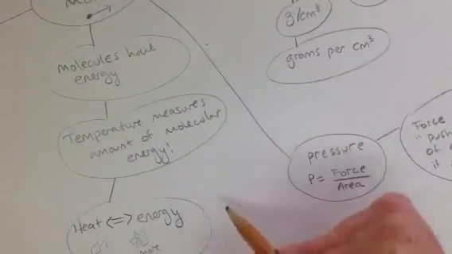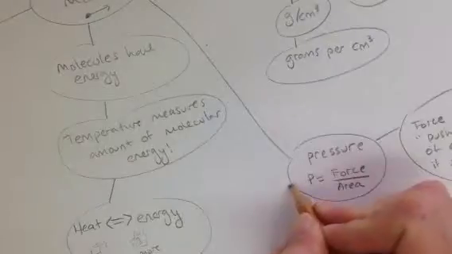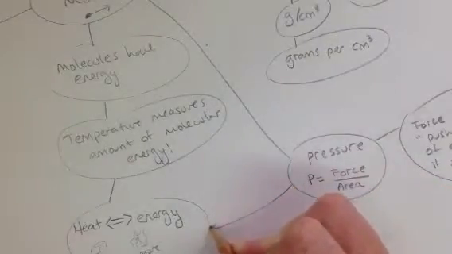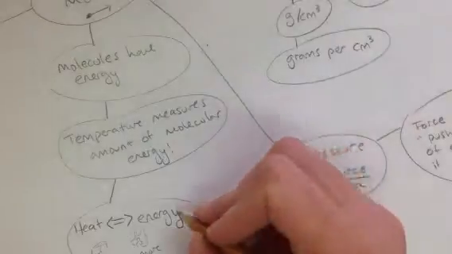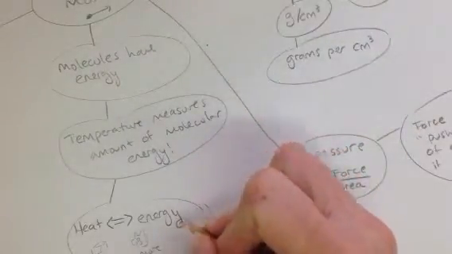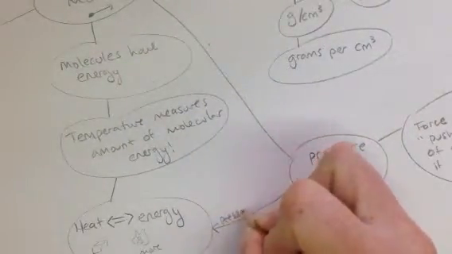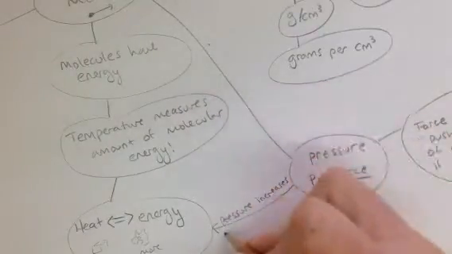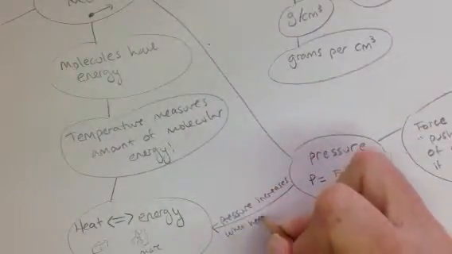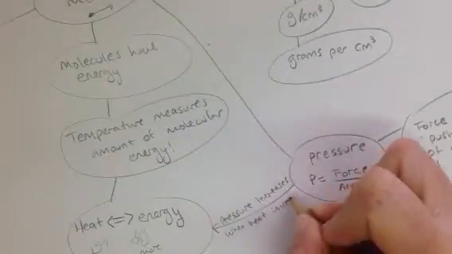Oh, that has to do with heat and energy. If I increase the amount of energy of my molecules, it increases the amount of force, because they're going to smack the sides of the wall more frequently if they have more energy. So pressure increases when heat increases.